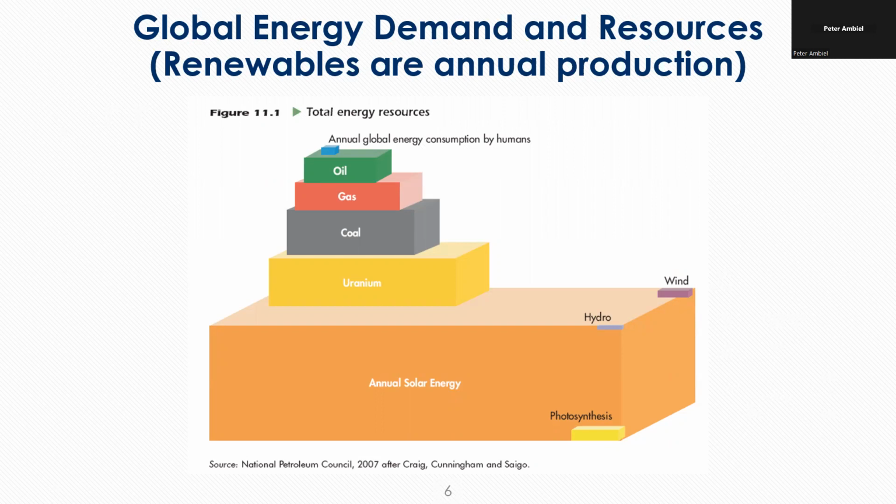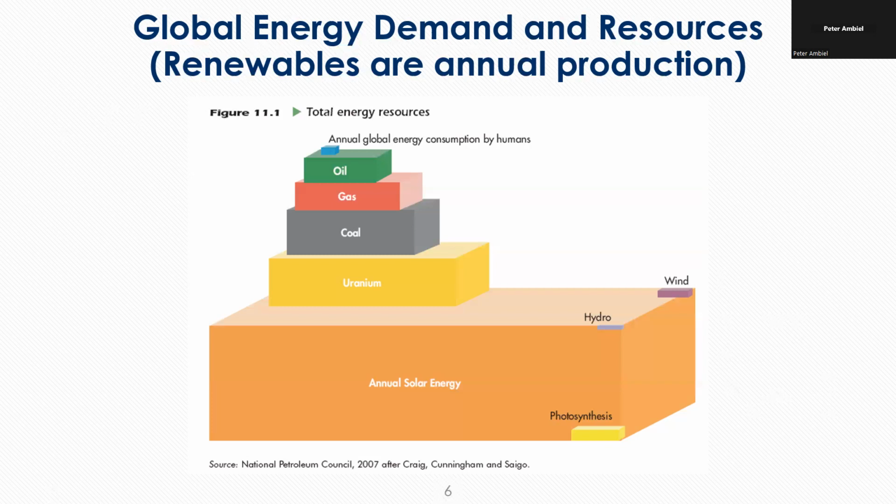But again, this chart is mainly meant to focus your attention on the order of magnitude size of resources for our primary energies. And you can see what that looks like relative to each other.